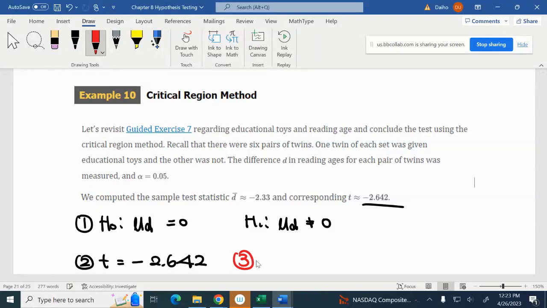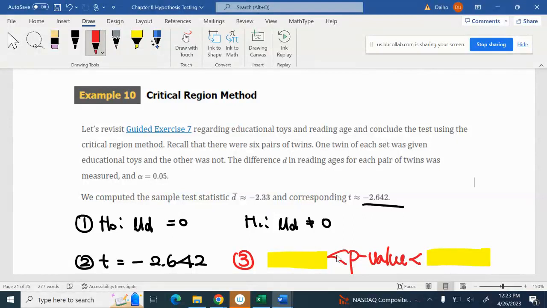Then now I need the p-value, the range of the p-value from the t-table. Give me the degrees of freedom. They sampled 6 twins. How many degrees of freedom? No, 5.